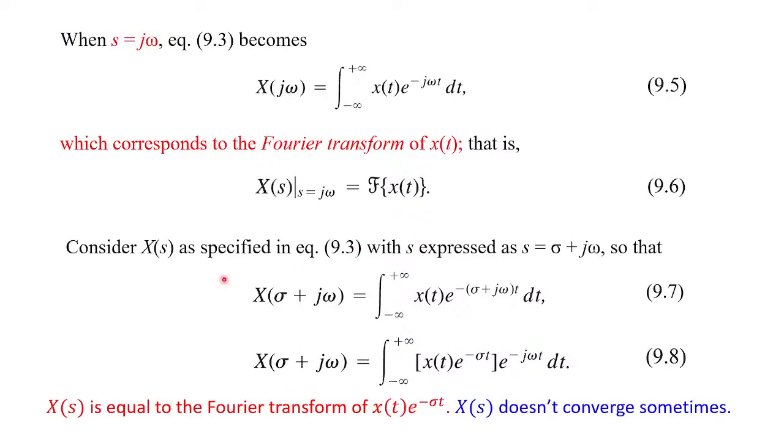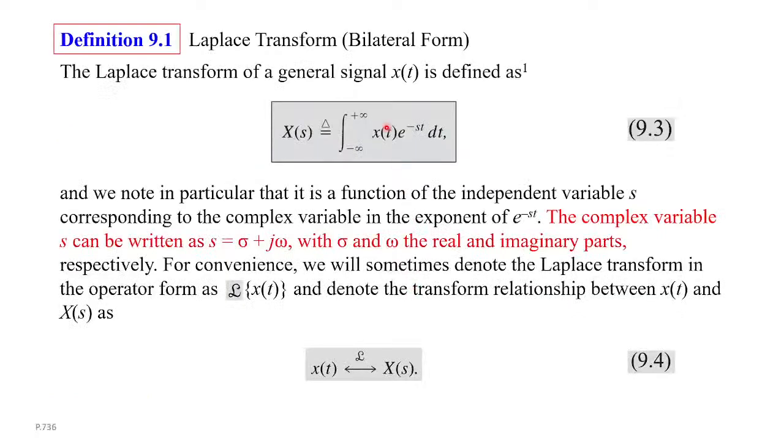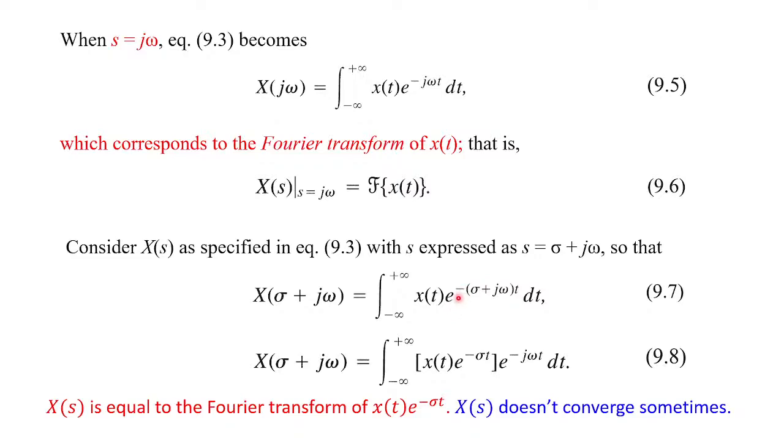And now an even more interesting thing: if you break your general s into real part and imaginary part, and you write this integral, this is e to the minus s t, which becomes e to the minus sigma plus j omega t. Then you can break it into the imaginary part and the real part, right? So the imaginary part, you put it outside, e to the minus j omega t. Then you can put this e to the minus sigma t together with your x of t.